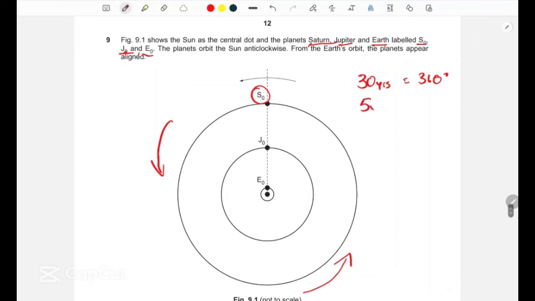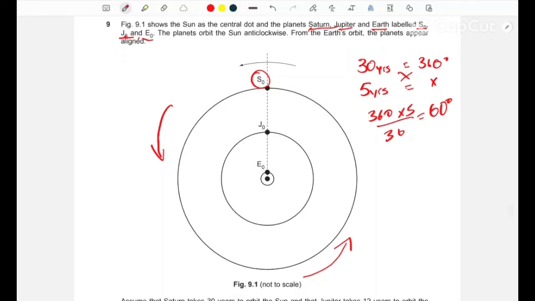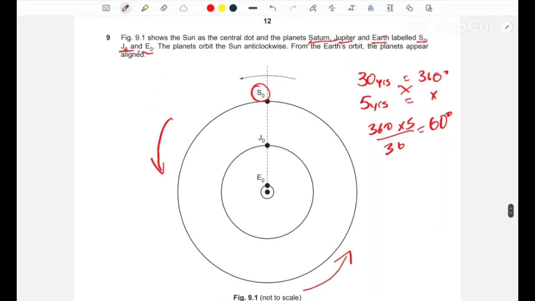So after 5 years, it would be X, which is 360 times 5 over 30. That would give us 60 degrees. So Saturn is going to be 60 degrees from the original position, so S1 is going to be 60 degrees. I don't have a protractor, but this angle over here should be 60 degrees measured. And we have our point S1.